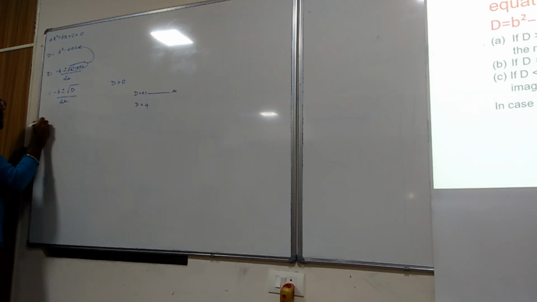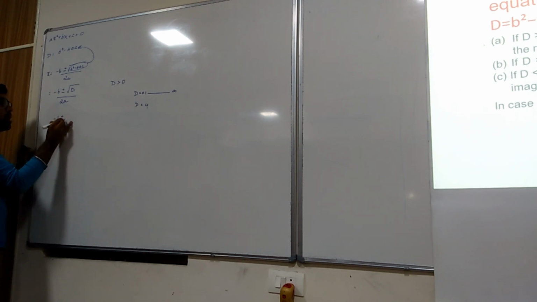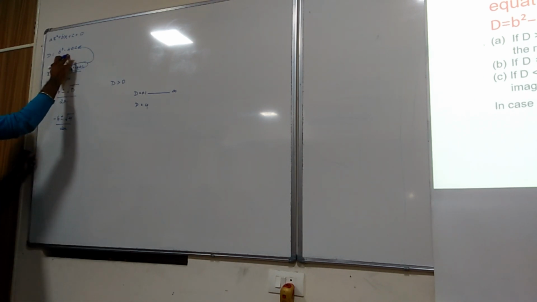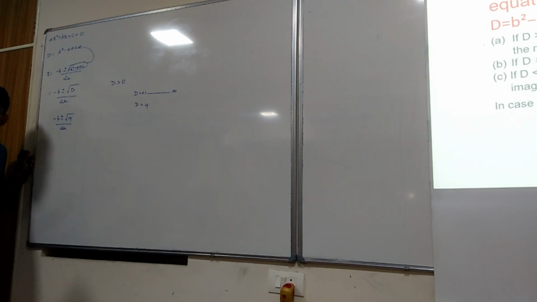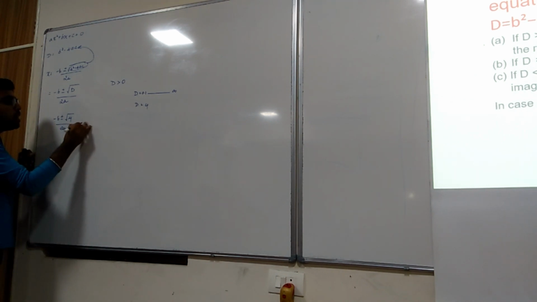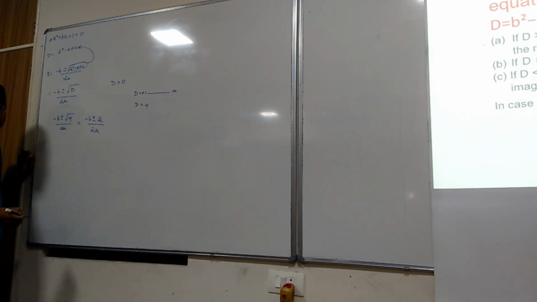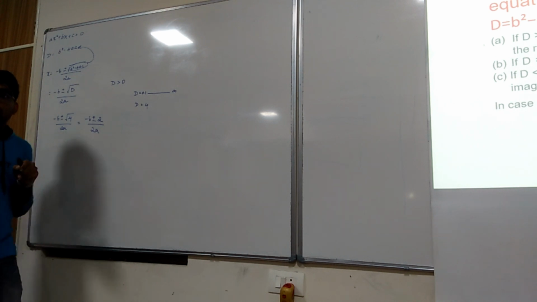What happens to the formula? Minus b plus or minus root 4 divided by 2a. A and b values let's not bother now. We'll only bother about what our discriminant value is. So it will be minus b plus or minus root 4, which is 2, divided by 2a. So there are two values here.